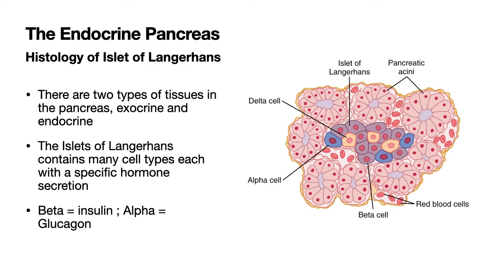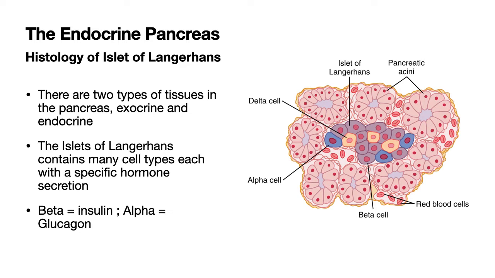These digestive enzymes are in the form of amylase, which will digest starch, trypsin, and chymotrypsin, which will digest proteins, and lipase, which will digest fat. So these digestive enzymes that are secreted into the duodenum come from the exocrine pancreas, which are made up of pancreatic acini.